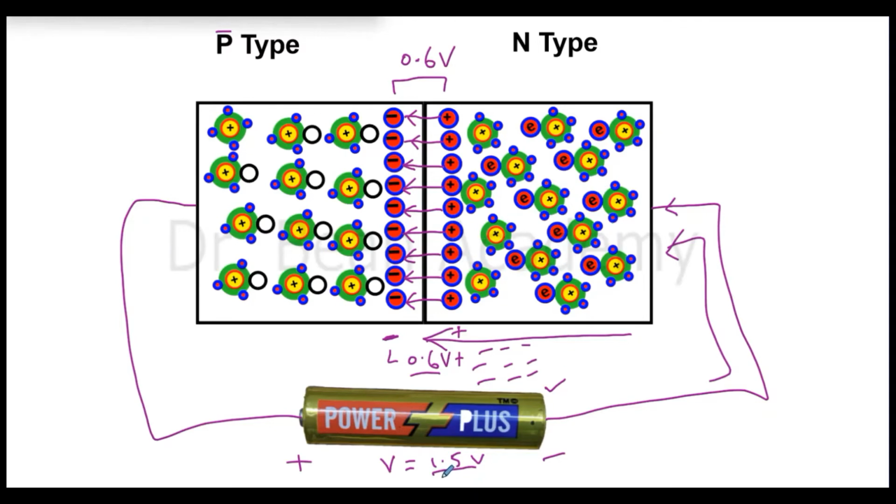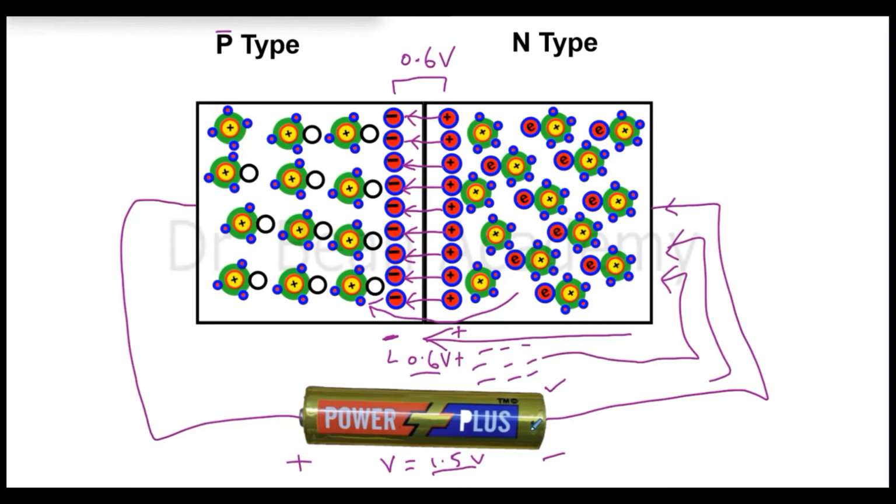So if it is 1.5 volts, it means the push from the electrons in the negative terminal of the battery is enough to force the electrons in the n-type to pass through this barrier and go to the other side of the junction, which is p-type. And then here they can fill the holes. It means the current will start flowing.